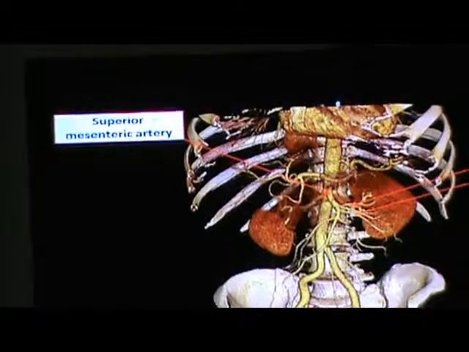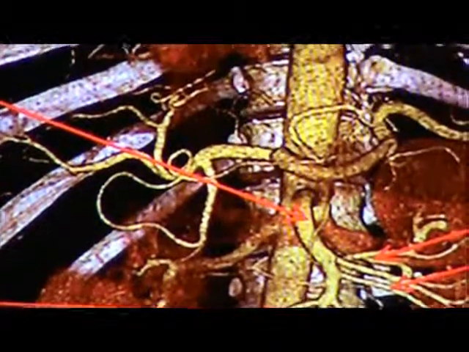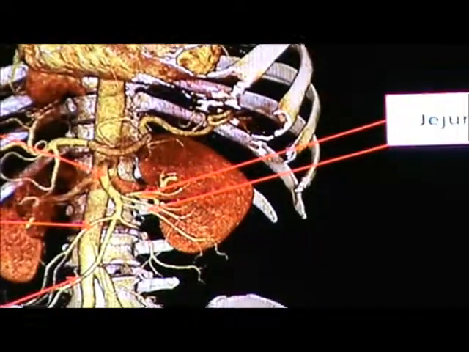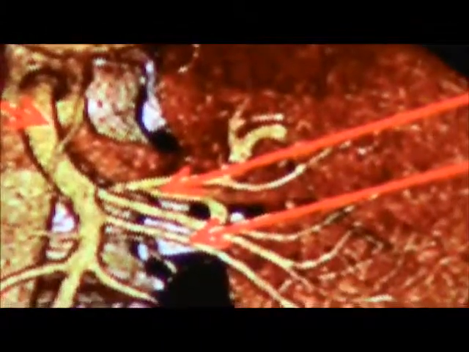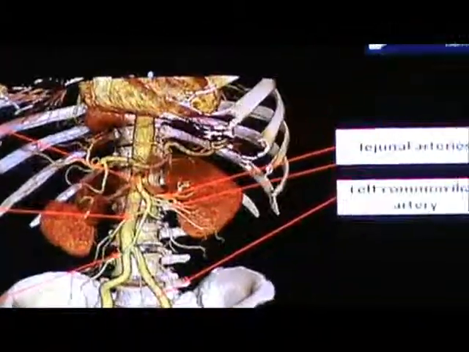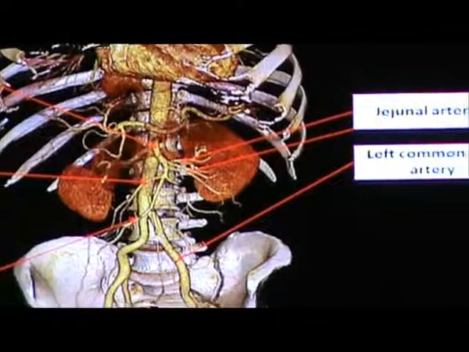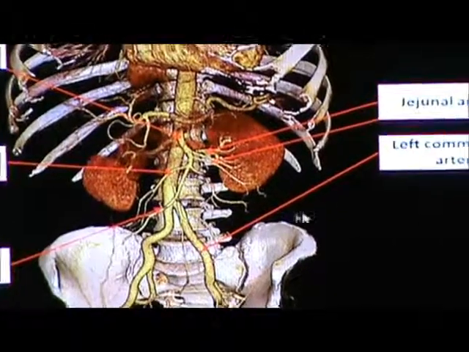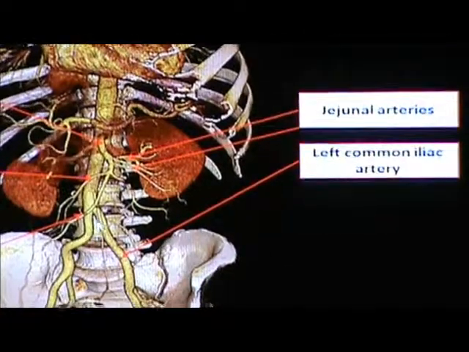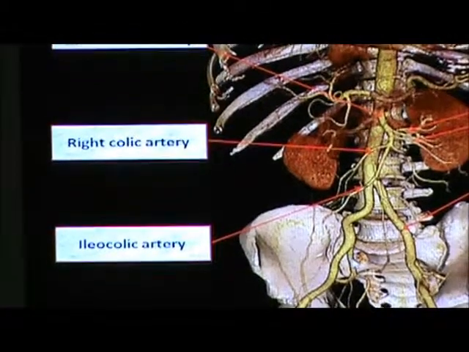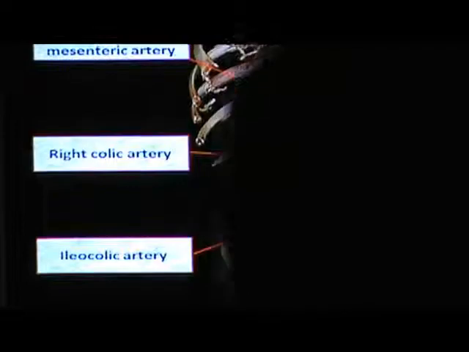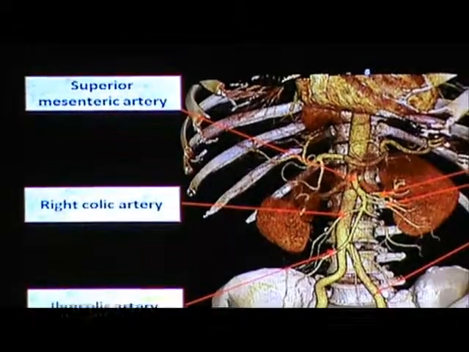So we have jejunal arteries, right colic artery, and its terminal branch, the ileocolic artery. We can also see the two terminal branches of the abdominal aorta, which are the common iliac arteries, here and here, and those branch into the internal and external iliac arteries.